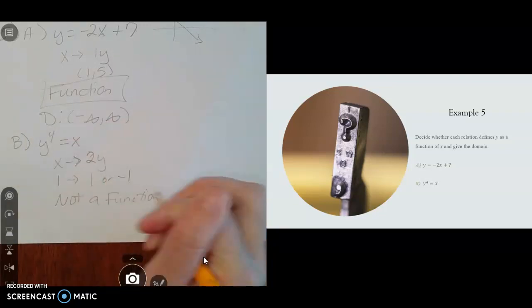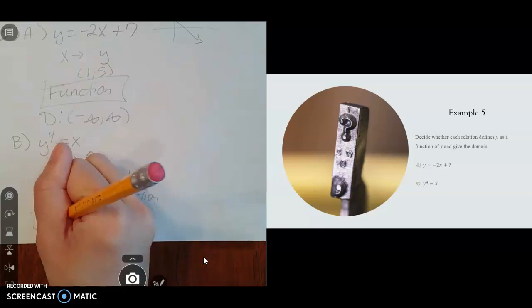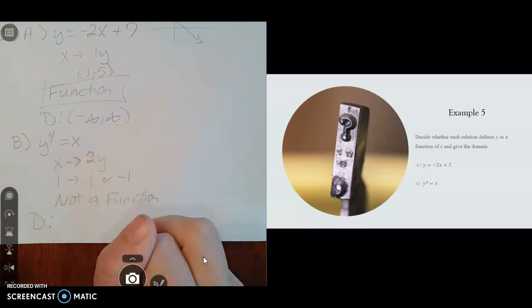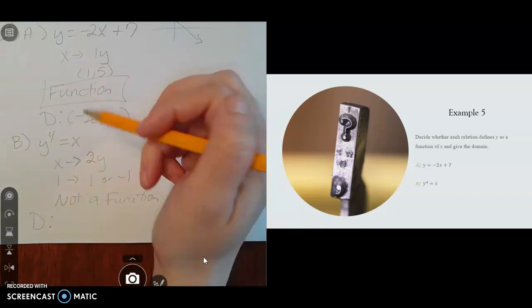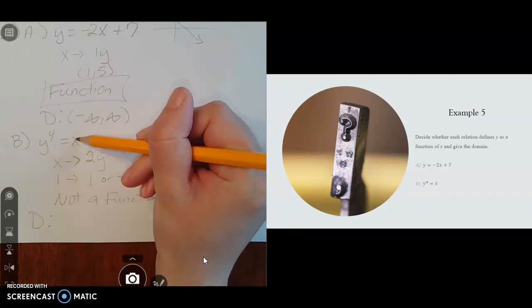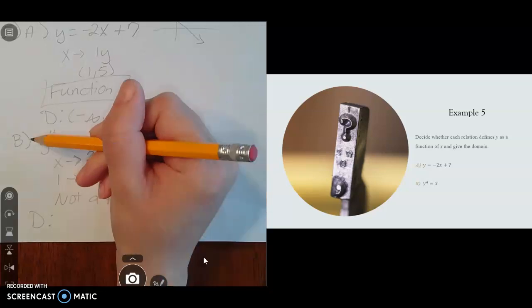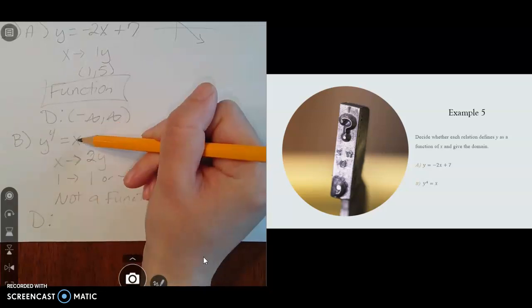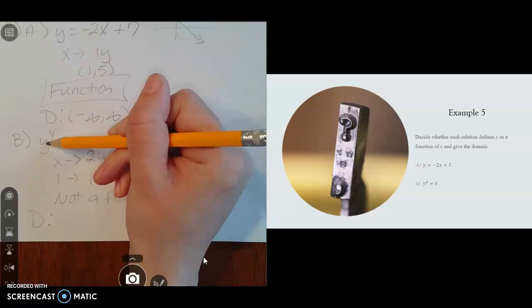All right, next up, let's think about that domain then. So the domain is which x values get used. And since the operation is on our y's, it's not that any x value can be used. Well, I have to think about which x values I'm going to get if I raise y to the 4th power.